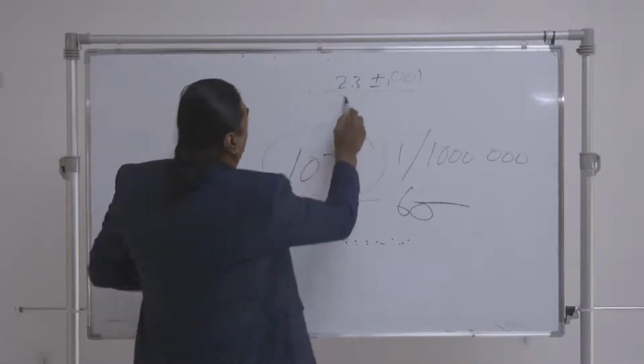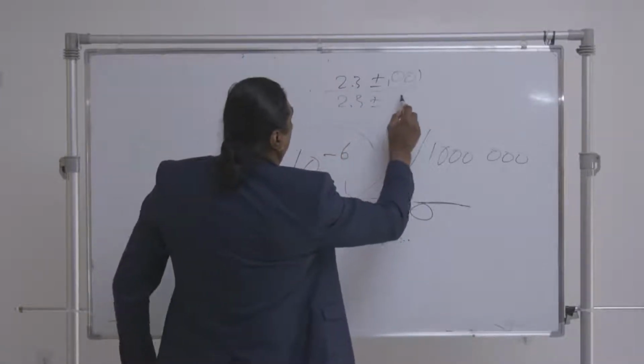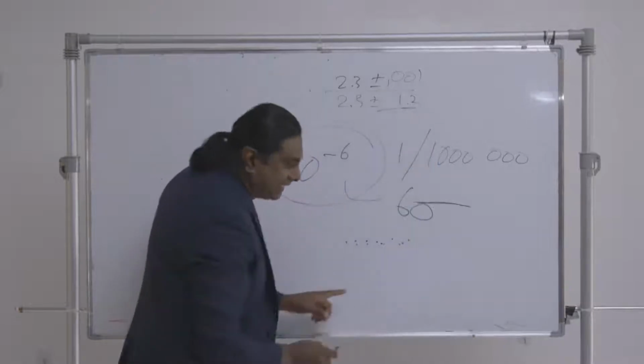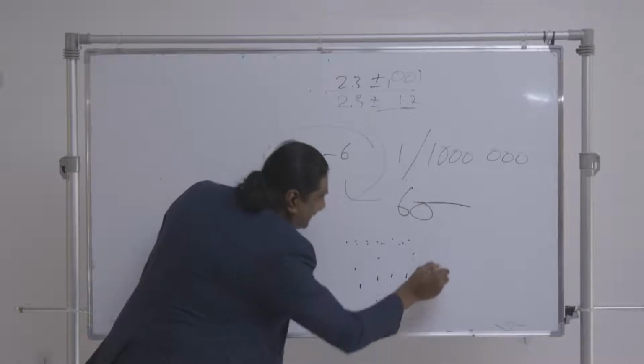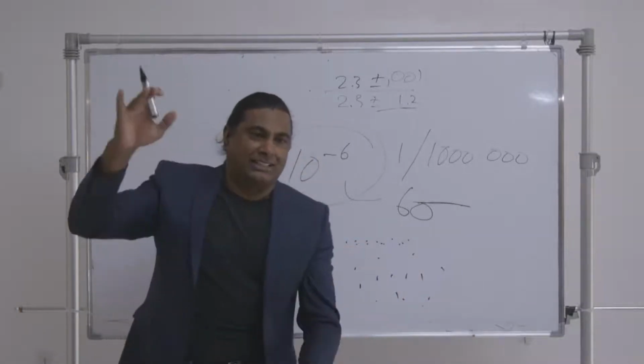If you have 2.3 plus minus 1.2, it means that the numbers are scattered around the mean. That's what it means. The variation is high.